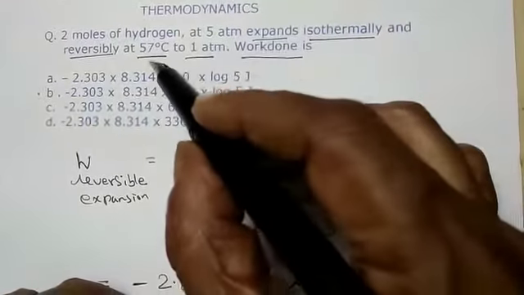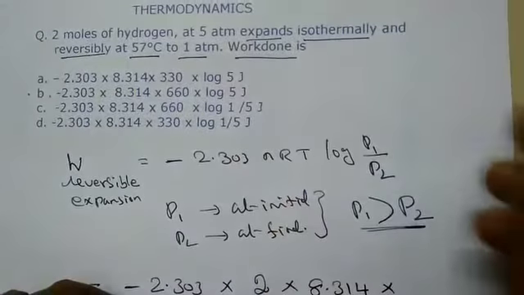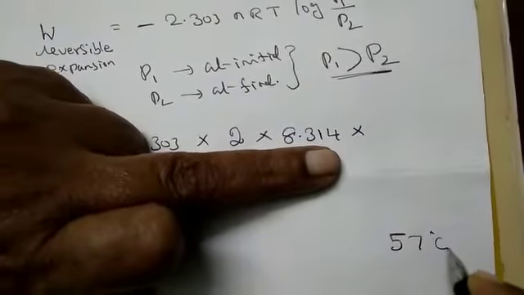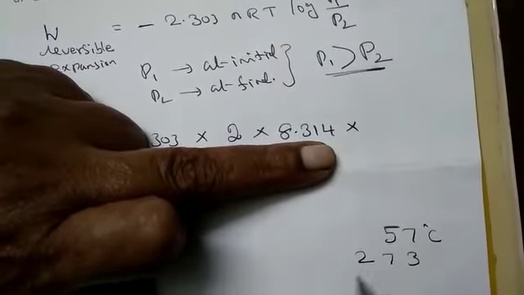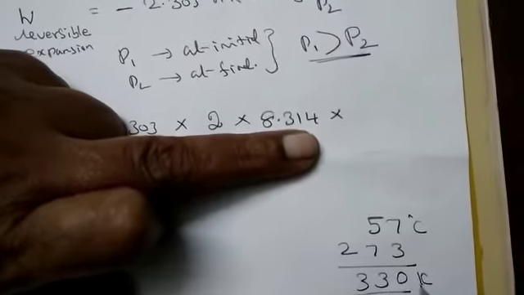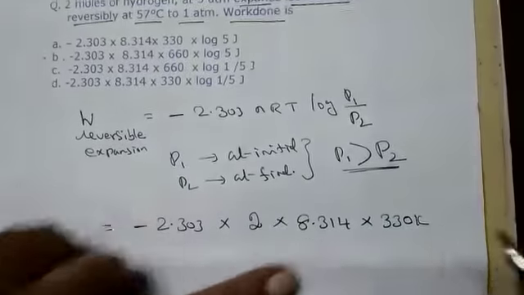Temperature is 57 degrees centigrade. We have to mention it in Kelvin. To convert 57 into Kelvin, 57 degrees centigrade plus 273, we get 330 Kelvin. So your temperature is 330 Kelvin.